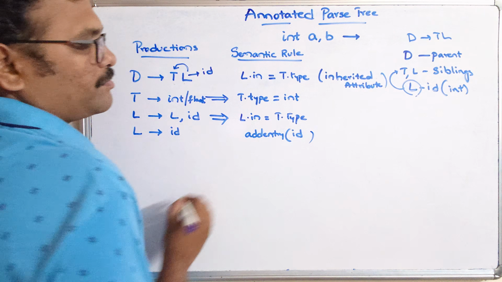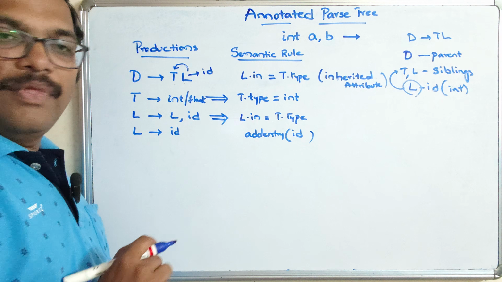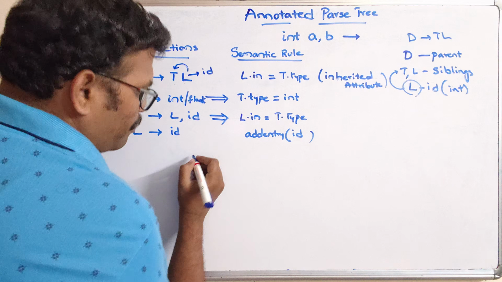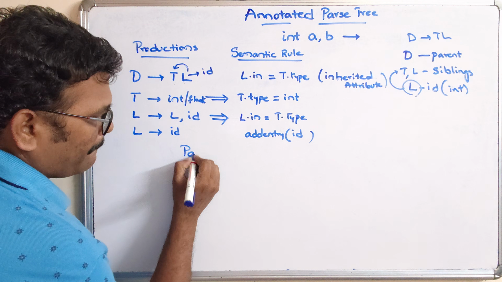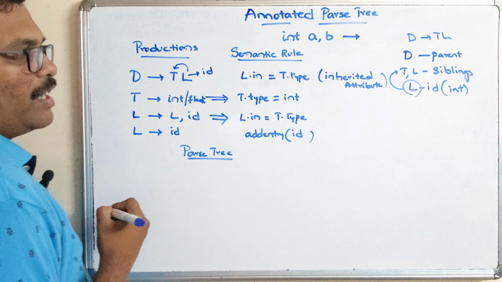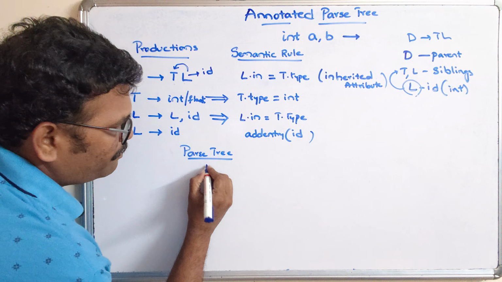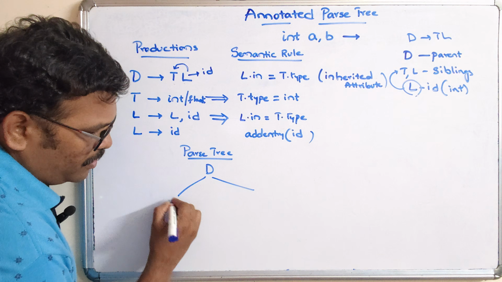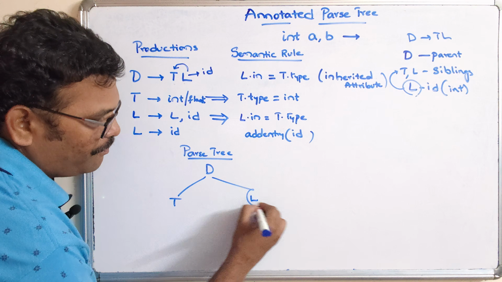Now we'll see how the parse tree will be. First we need to start from the first production, D tends to T L.